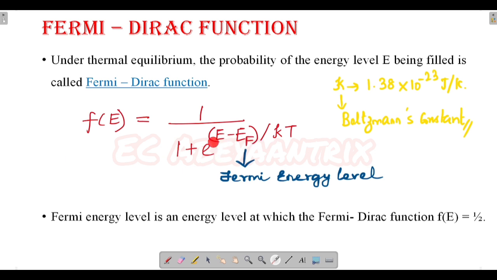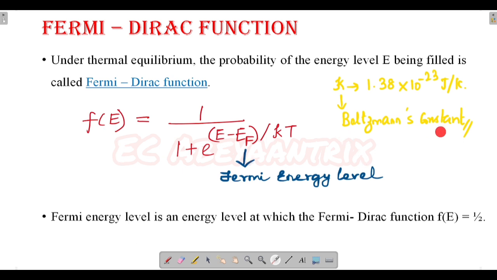For the power term to be 0, E and EF have to be equal. When E and EF are equal, E minus EF is 0, e power 0 is 1, 1 plus 1, so 1 by 2. That energy level is called the Fermi energy level. Both definitions are very important, including this formula.